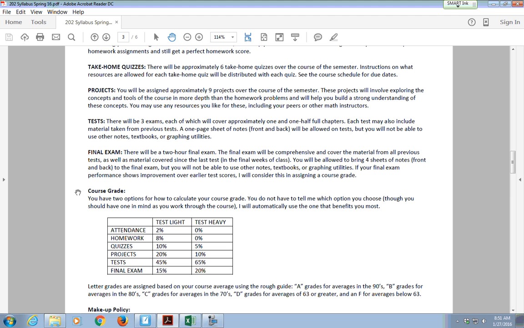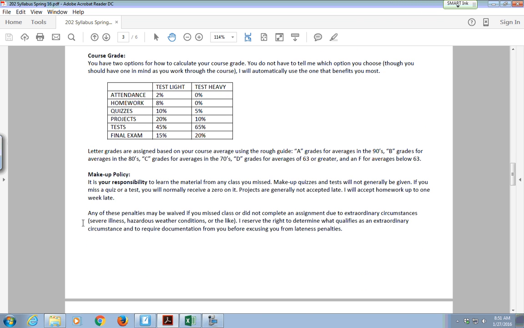But if you were in my class last semester, these are much smaller projects than the ones we did last semester. 3 exams and a final exam. Just want to make note today, in case I forget to tell you before the first exam approaches, for every test you can bring a 1-page sheet of notes with you that you make yourself.